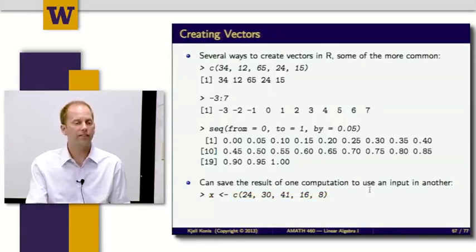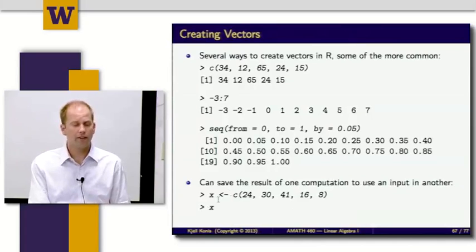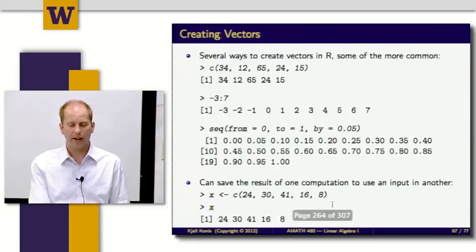When I do this, there's no output, because instead of printing it on the screen, R just puts that output into the variable x. If I want to see what x is, I can just type x at the command line and hit enter. This prints out what's stored in x. It's the vector that I created in the first command: 24, 30, 41, 16, 8.